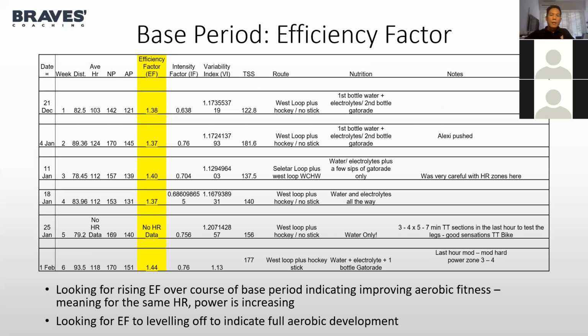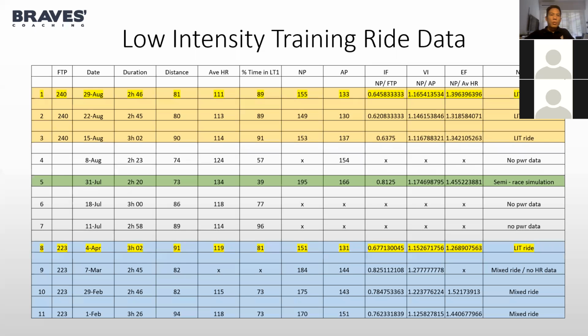And then the next slide, we are going to talk about low intensity training data, right? So this is just an example again of the last couple of months, from that ride on 1st of February all through to August now, okay? There's some gaps and stuff, but what I wanted to show is that in August, I've been really focused on keeping the heart rate low.